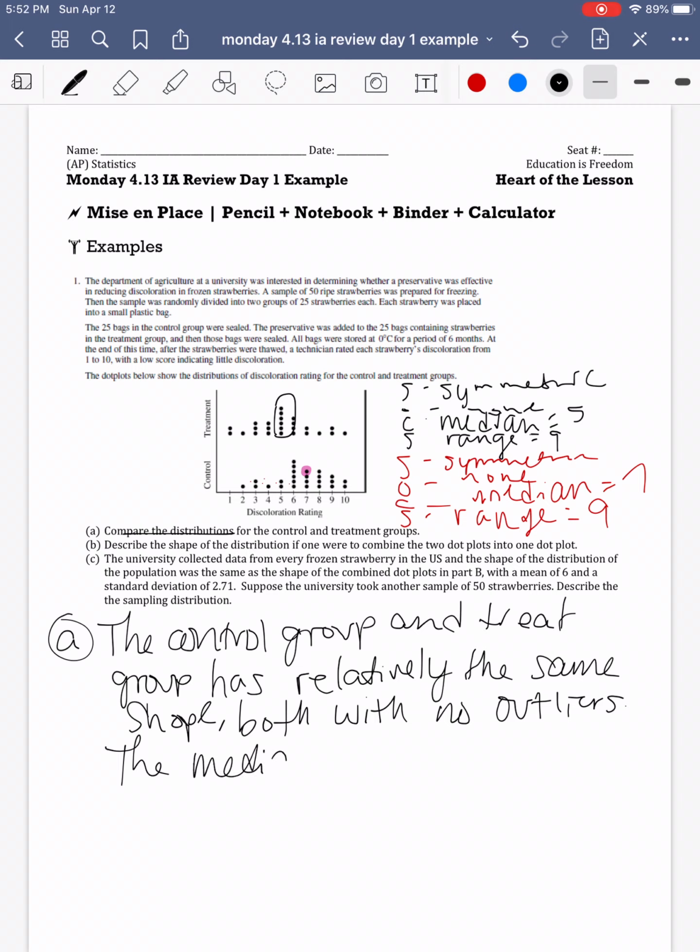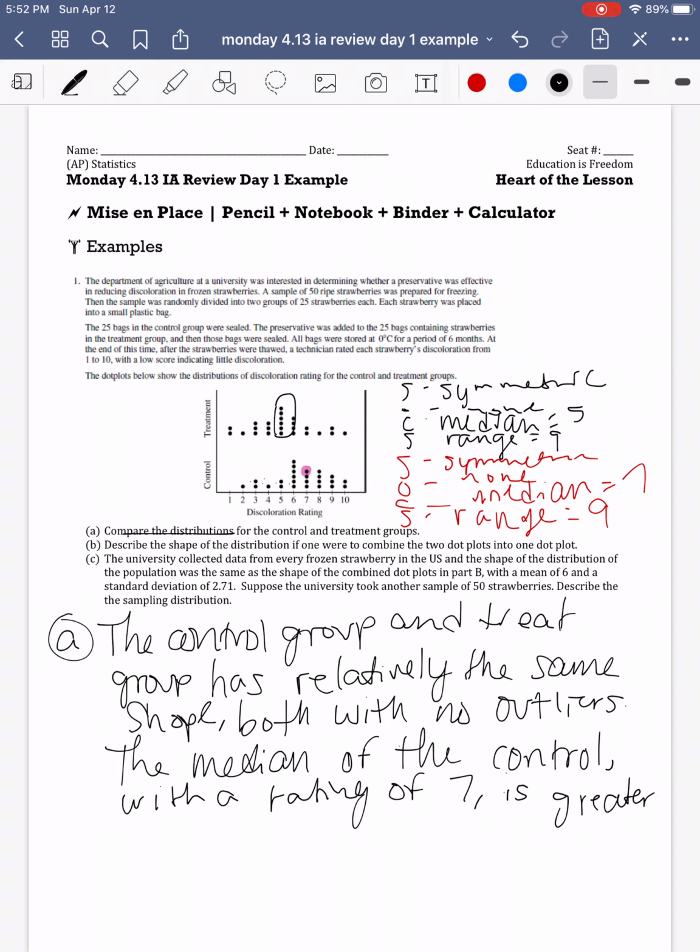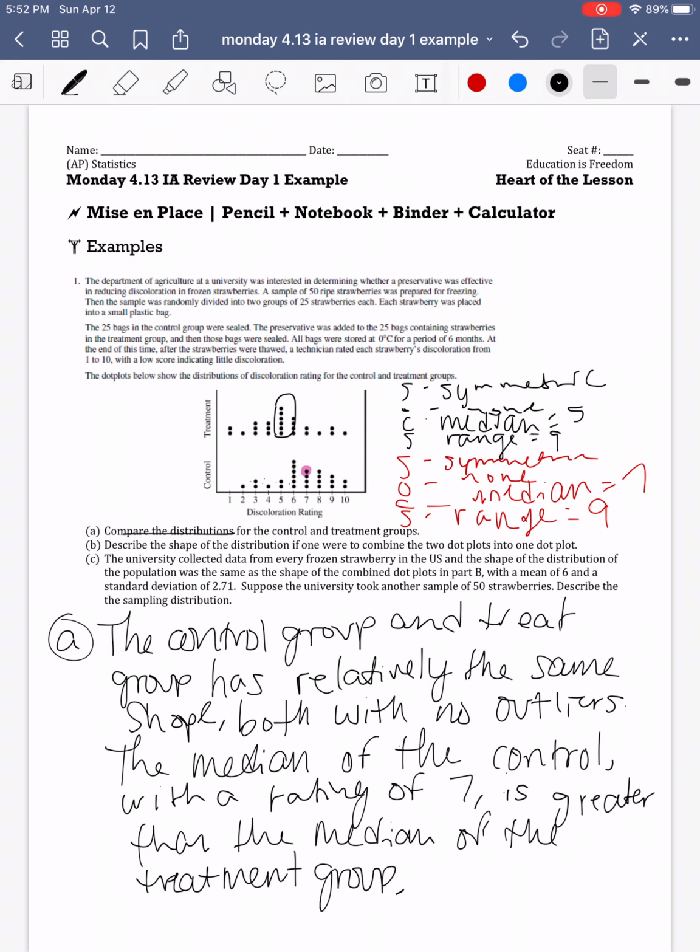The median of the control group with a rating of 7 is greater than the median of the treatment group with a rating of 6.